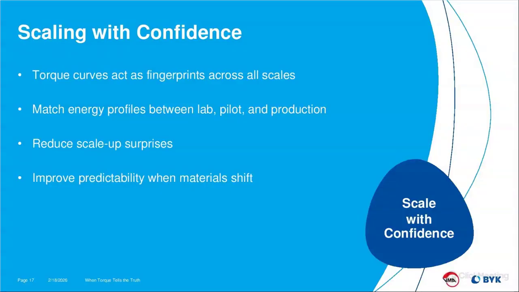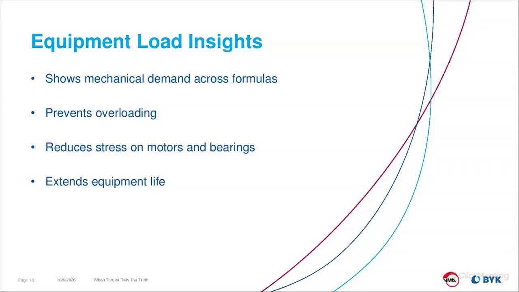So, like I stated earlier, when your data shows that you had something happen, either a spike or a drop, you'll be able to look at that, and all of this leads into scaling up with high efficiency. Equipment load insights, right?